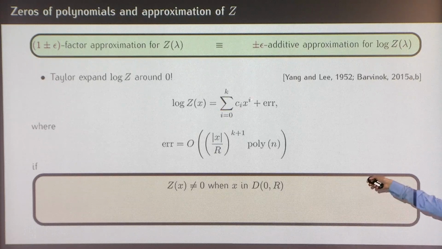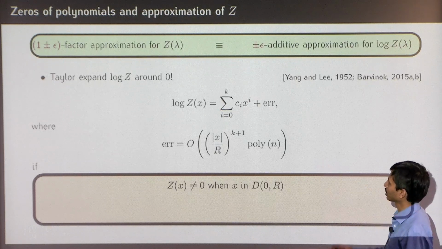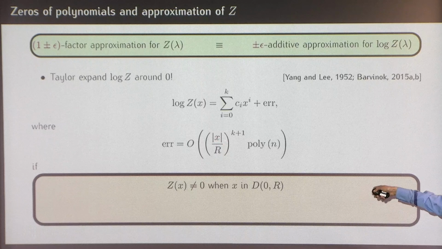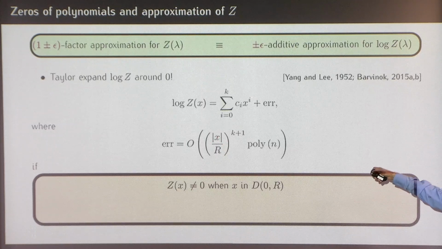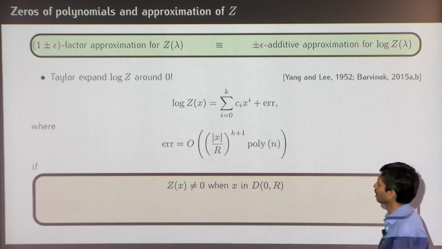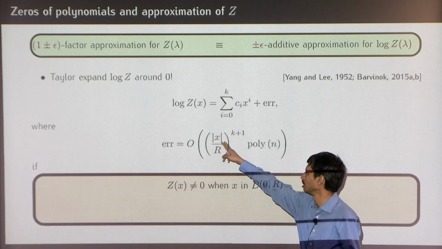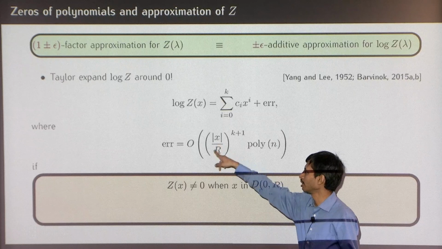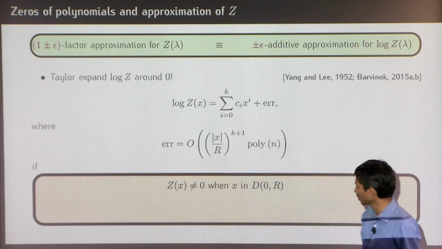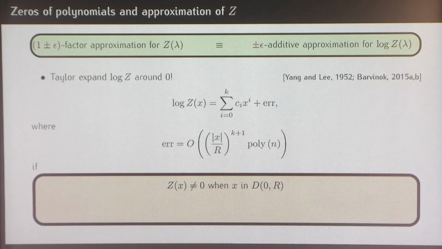We know that if we could somehow evaluate it up to some k terms, then the error decays like this. If I want to evaluate at x, then the error depends upon the k plus 1th power of the ratio between the point where I want to evaluate and the radius of convergence. And when is such a thing valid? Well, it's valid if the Taylor expansion itself is valid. And when is the Taylor expansion valid?